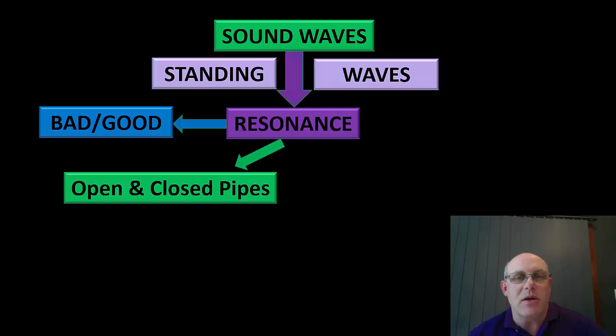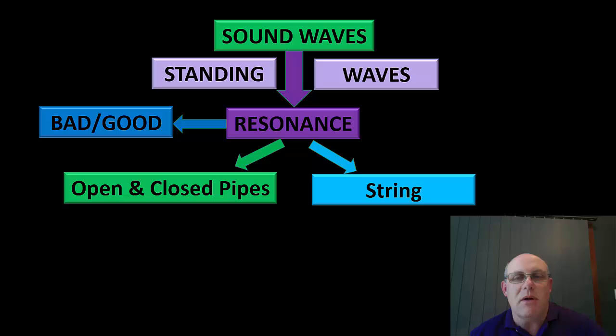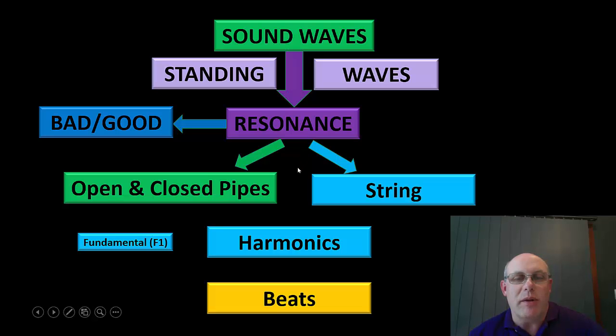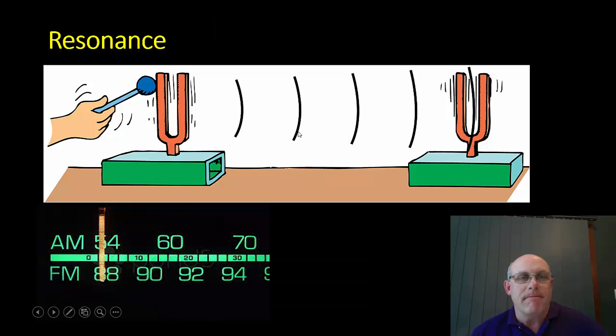We'll be looking at some of those, that relate to open and closed pipes, and obviously strings, any type of string instrument. We'll be looking at the harmonics associated with that and what the fundamentals are. And then we'll be looking at how beats occur. Should be quite interesting.